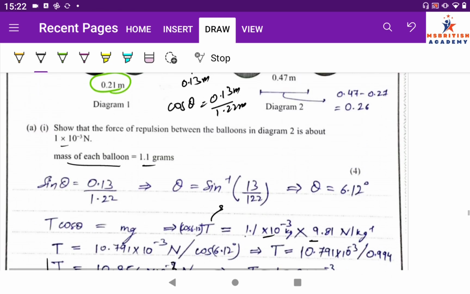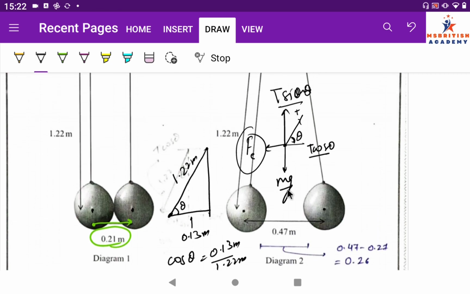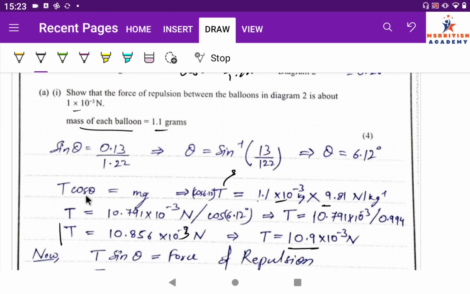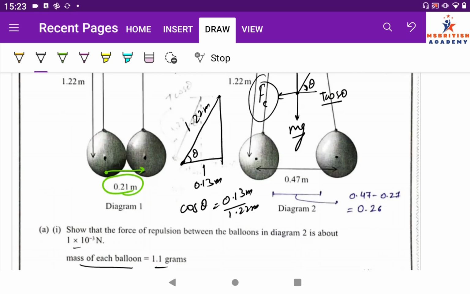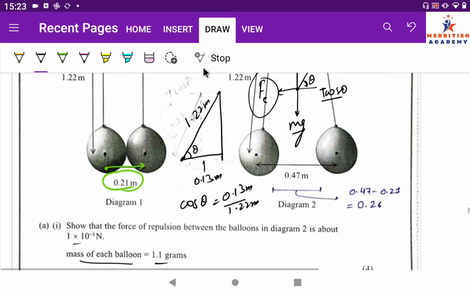Now T sin theta. Okay, we have solved T cos theta. You can take the angle theta as this one also, but the calculation I have done here takes theta as this, the vertical theta.